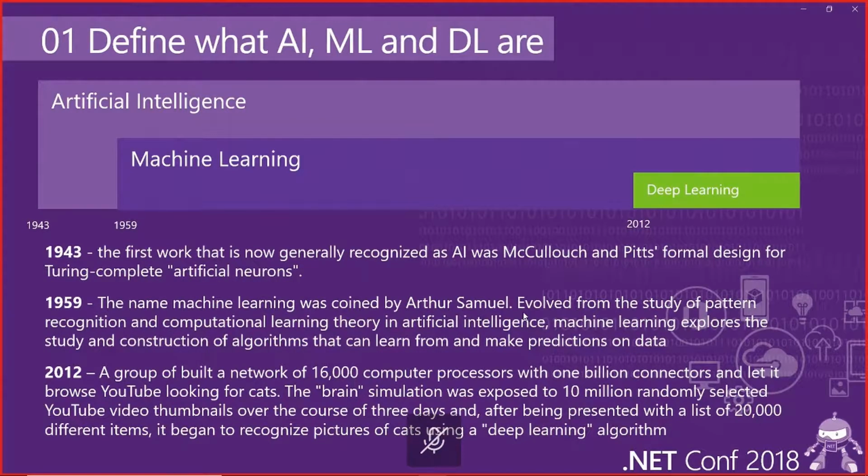The brain simulation was exposed to something like 10 million randomly selected thumbnails from YouTube over the course of 3 days. And after being presented with a list of 20,000 different items, it began to recognize cats using a deep learning algorithm. This date is really important because it was 2012 and they had to make a network of 60,000 computers to make this happen. Why?